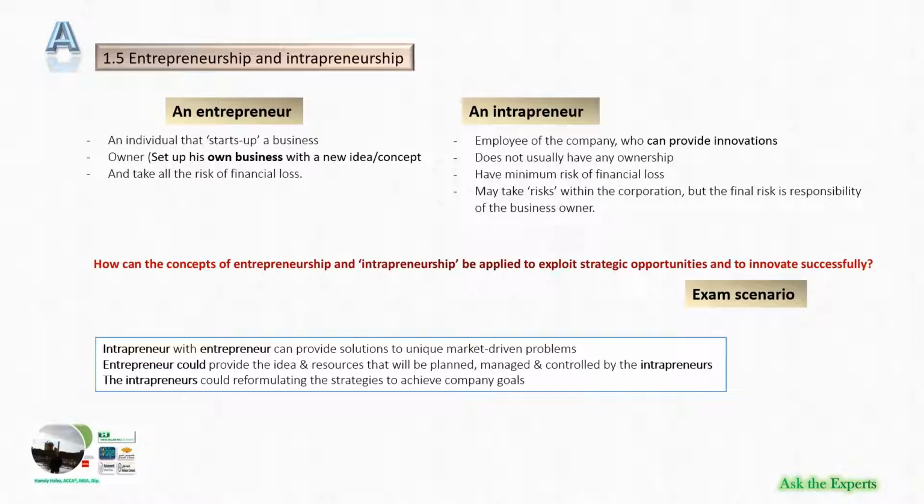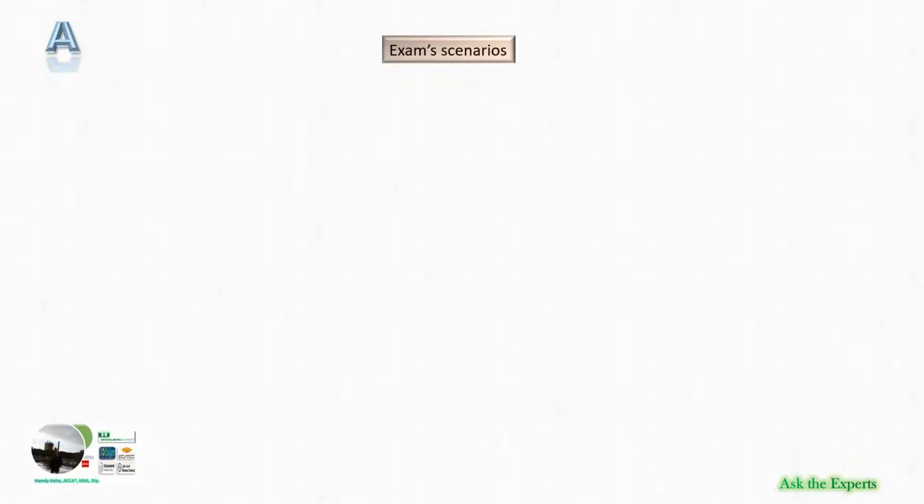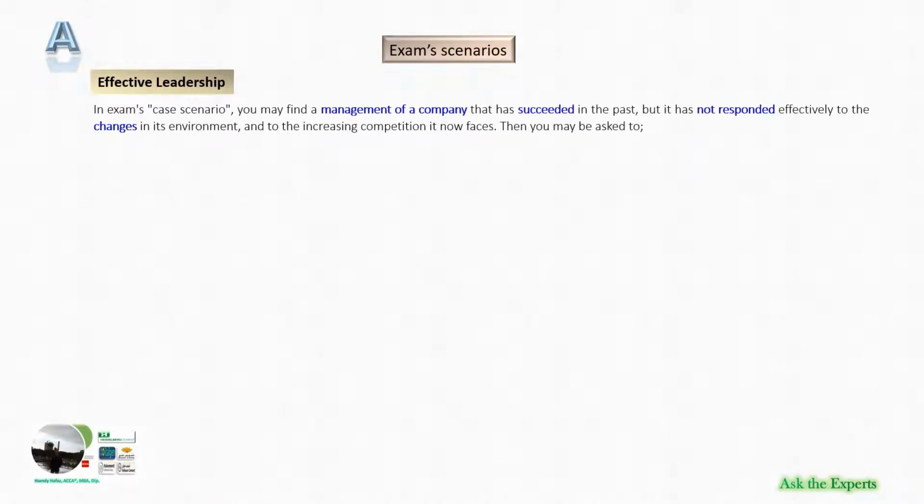Again, it's time for exam scenarios, and the effective leadership. In an exam case scenario, you may find the management of a company that has succeeded in the past, but has not responded effectively to the changes in its environment, and to the increasing competition it now faces.